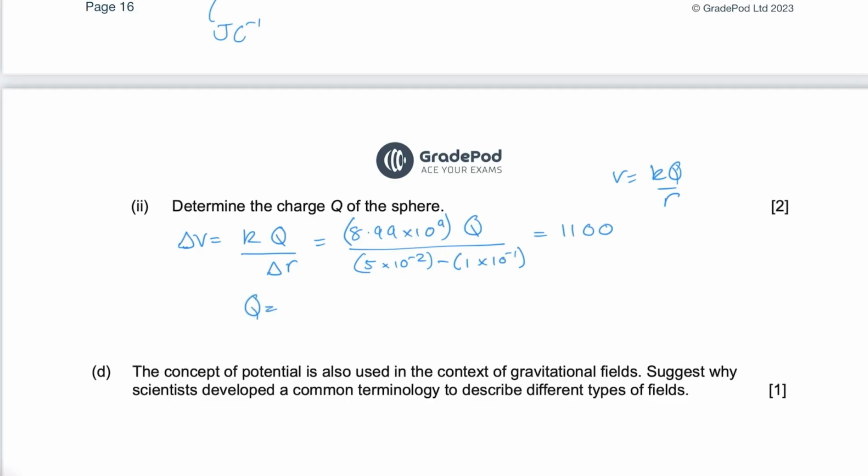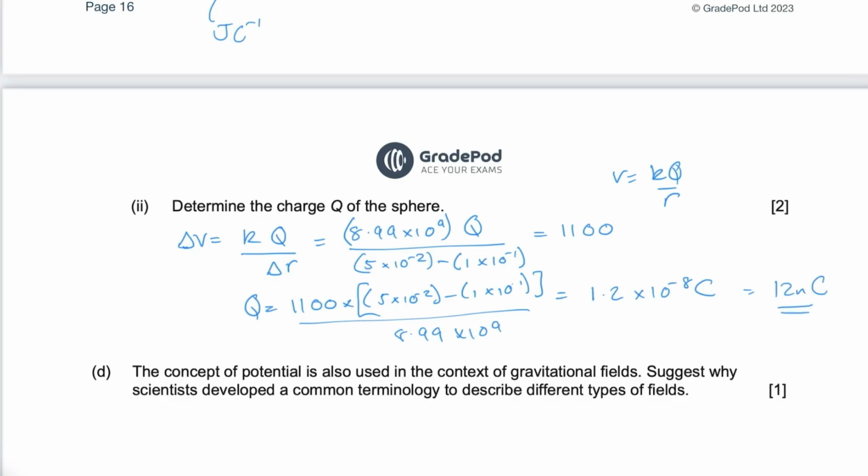Q is equal to 1100 times 5 times 10 to the minus 2 minus 1 times 10 to the minus 1, and it's all divided by 8.99 times 10 to the 9. We pop all those numbers in and we get 1.2 times 10 to the minus 8 coulombs. We could make that 12 nanocoulombs.